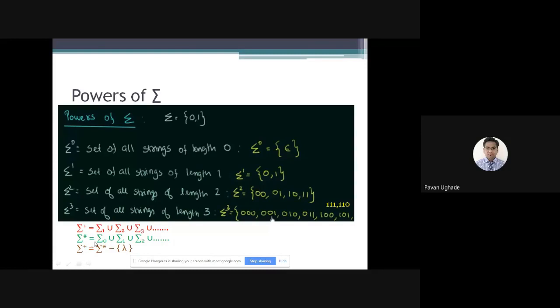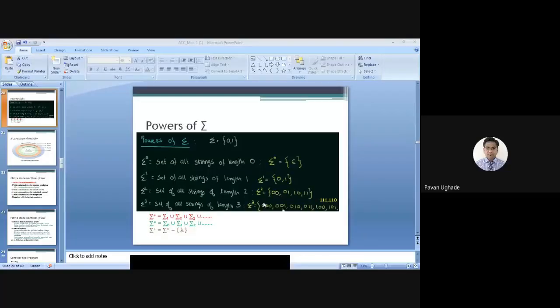Okay. Now, if you understood this, can you tell me how to find the number of strings possible for sigma power 0, sigma power 1, sigma power 2, or sigma power 3?